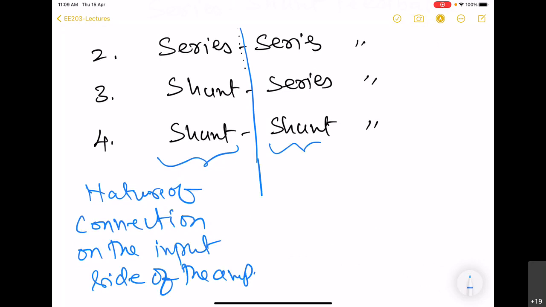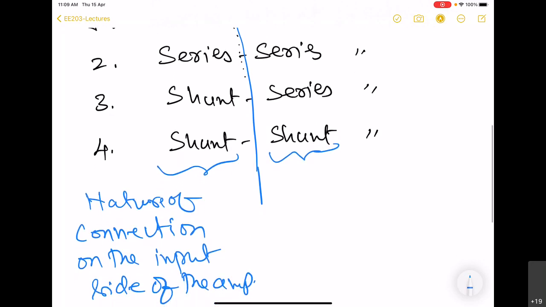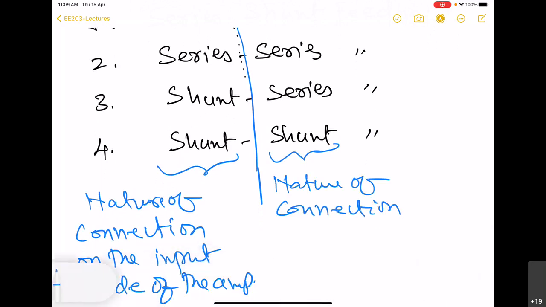While the second term in each phrase designates the nature of connection between amplifier and feedback on the output side.